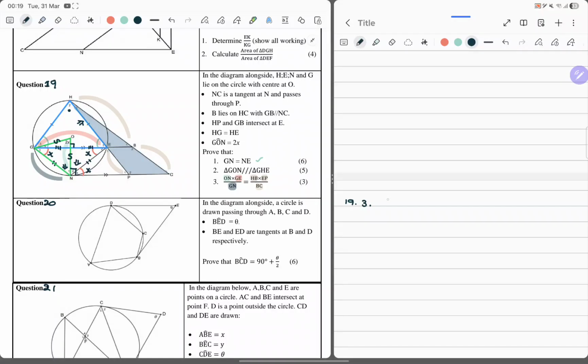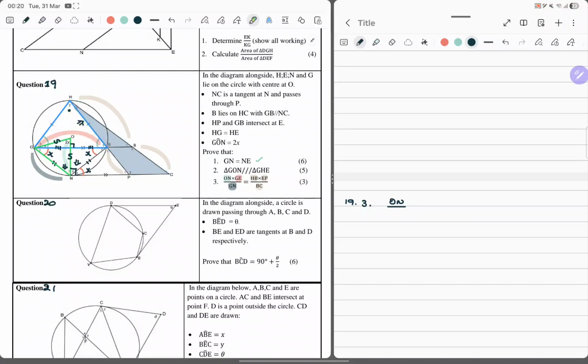So we know, folks, that we have ON here, so I'm going to use ON over HE. Now ON is opposite that angle, okay? This angle is equal to which other angle? We can say it is equal to that angle, but let's use that angle.